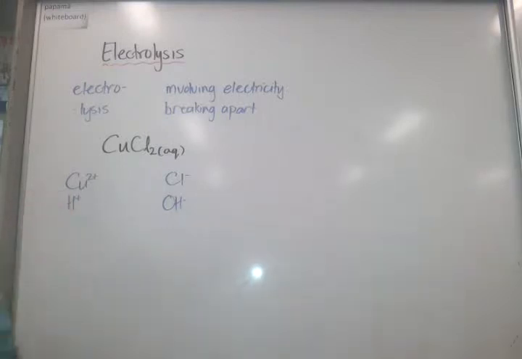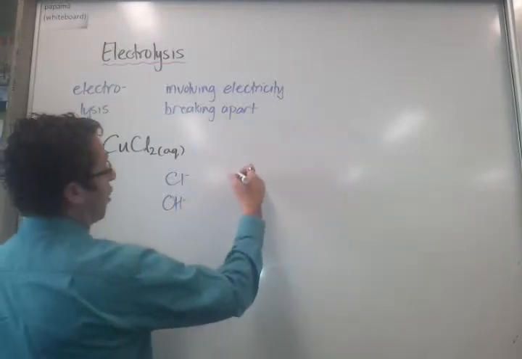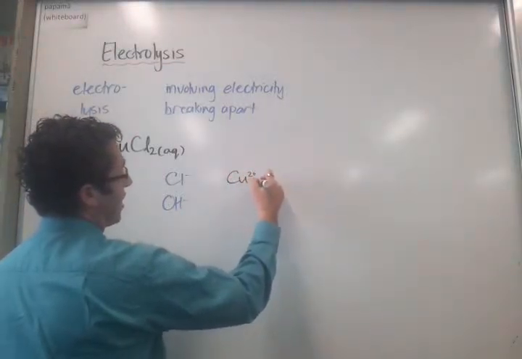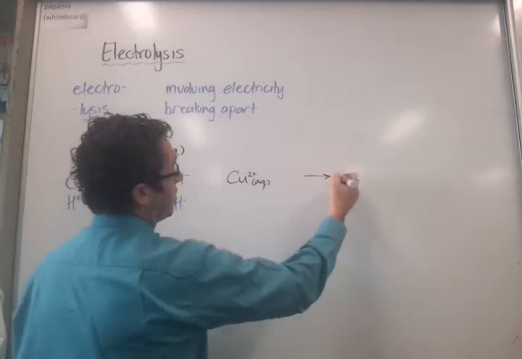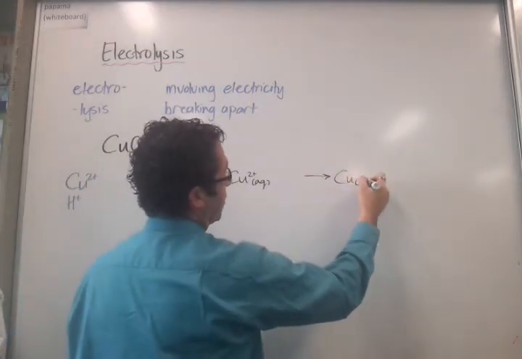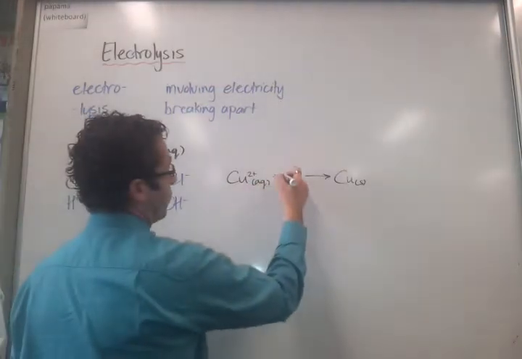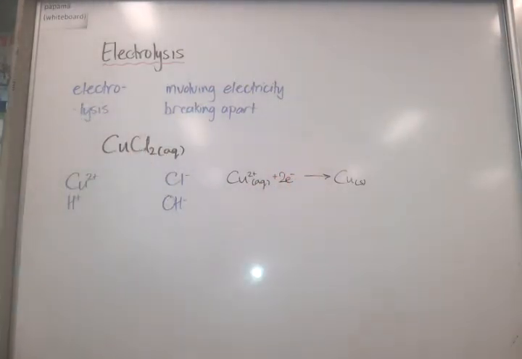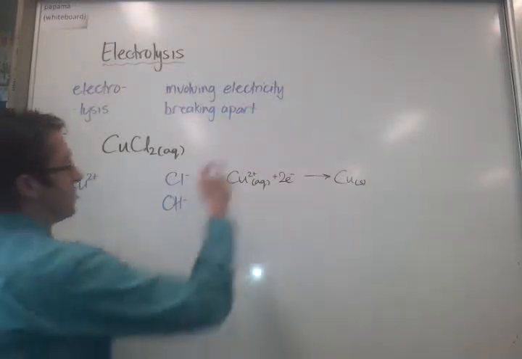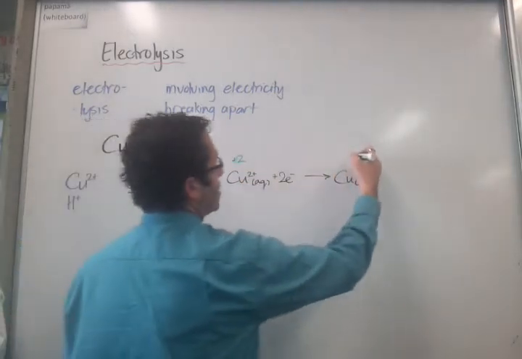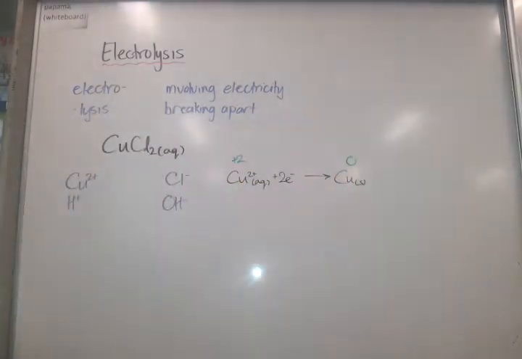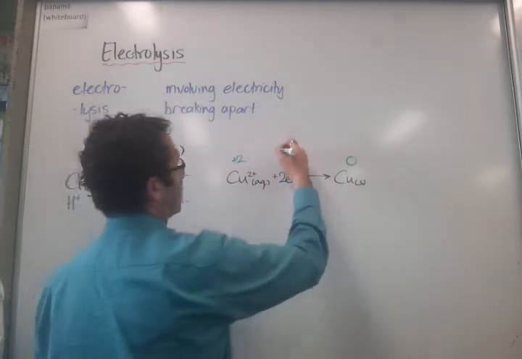So the half equation that could occur is Cu2+ aqueous going to its element, which is a solid. Clearly the charges aren't balanced there, so we're going to be adding some electrons. Therefore, this is what we call a reduction reaction. The other way to look at it is it's going from a +2 oxidation state to 0. So it's being reduced.